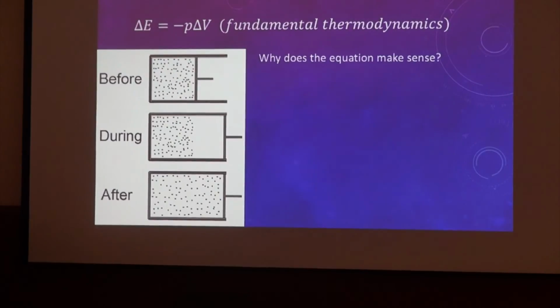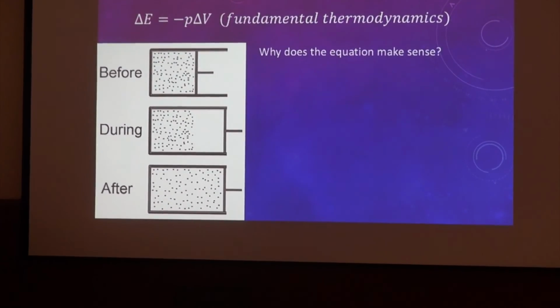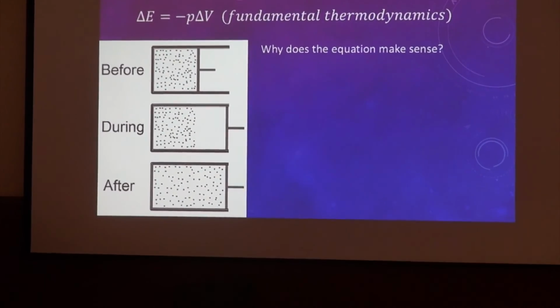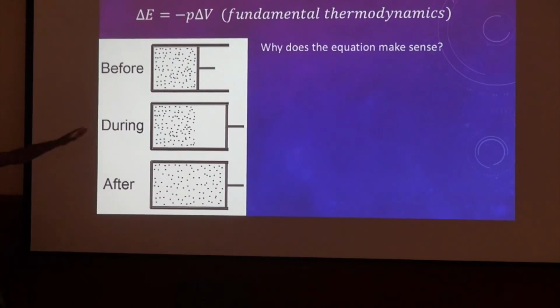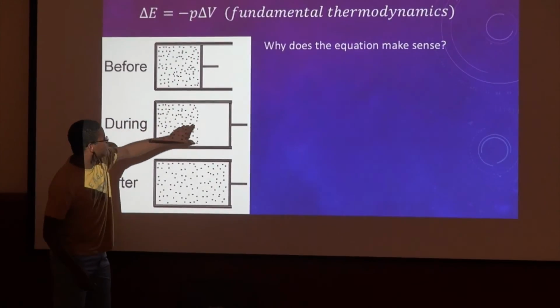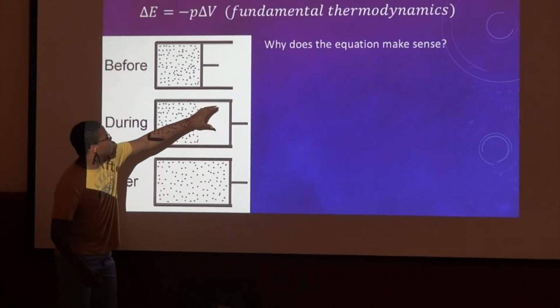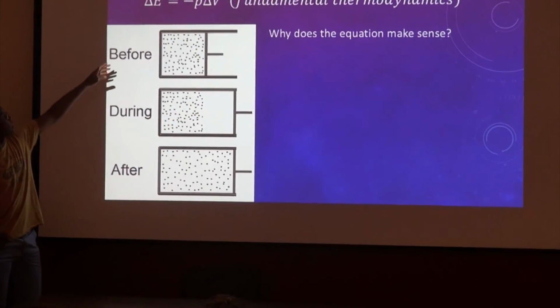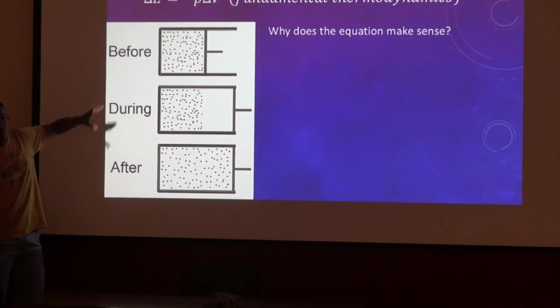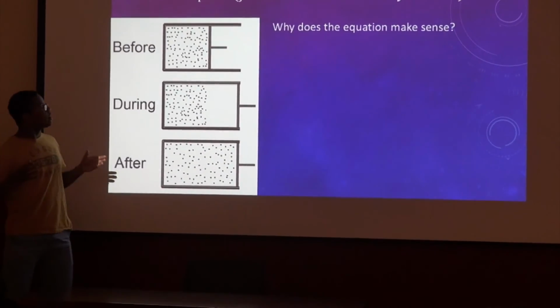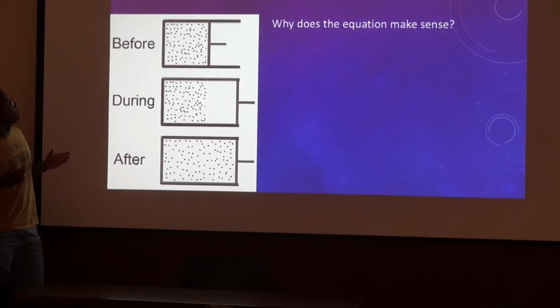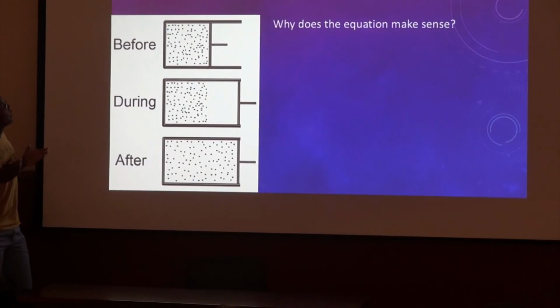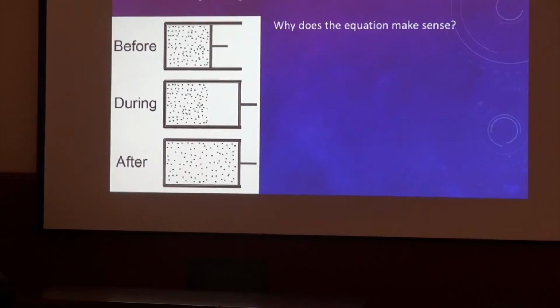Pressure is force over area, and delta V is that same area times delta H. Since pressure is force over area, the two areas cancel, and you get delta E equals negative force times distance, which is our work equation.